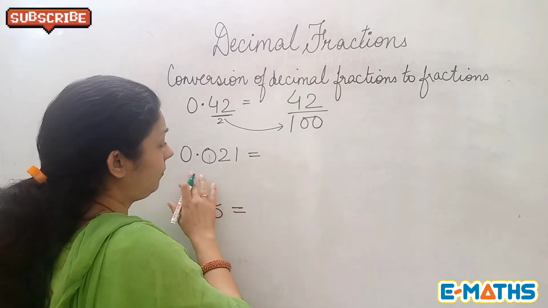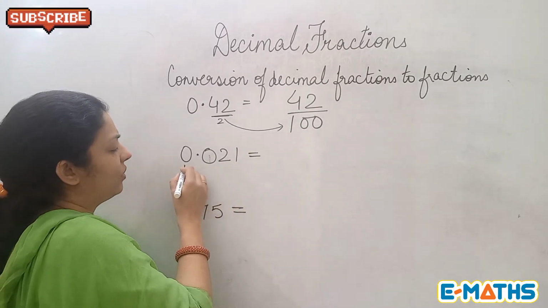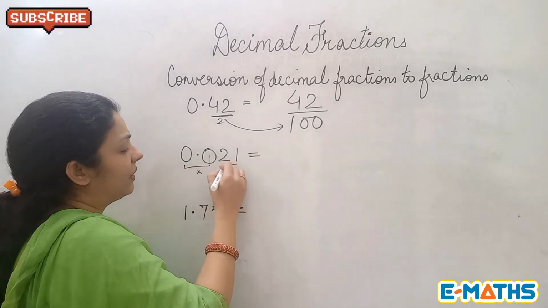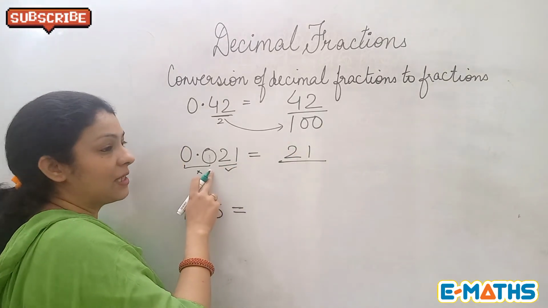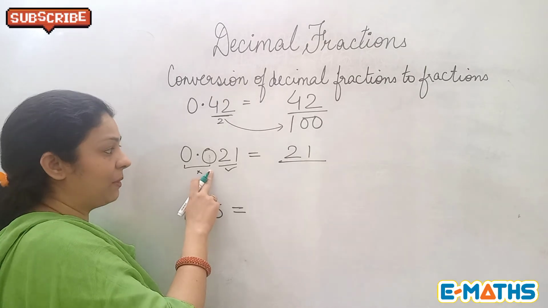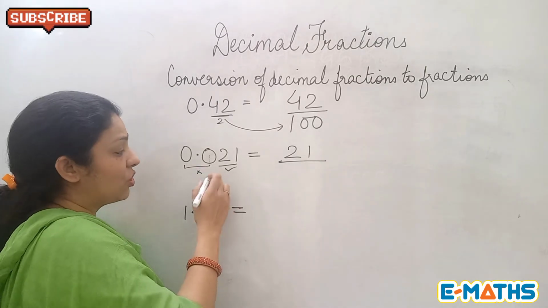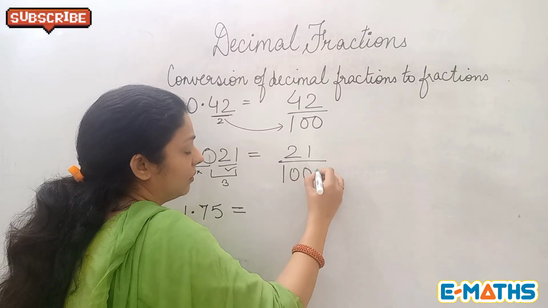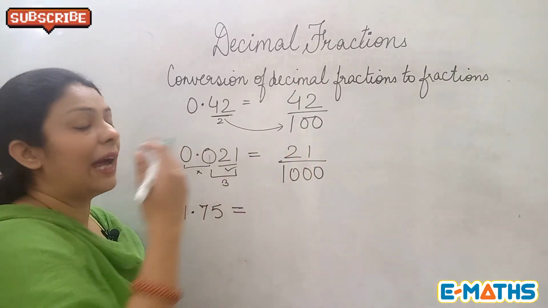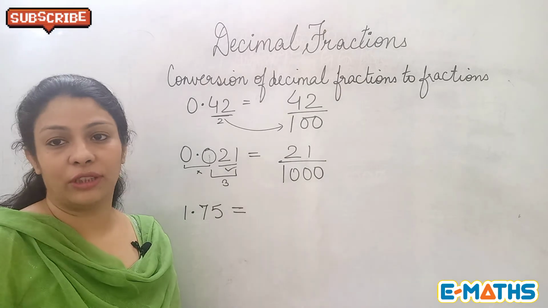Now here, again these zeros don't make sense, so we'll only write 21 upon, but this 0 makes sense if we see the decimal part. It has 3 decimal places, so we are going to write 3 zeros. And that gives us the fraction for this number.